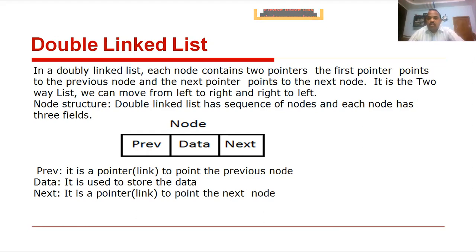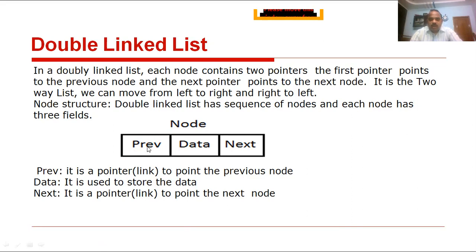The next pointer holds the next node address. Clear? In a double linked list, each node has 3 parts. The first part is the previous, the next part is the data, and the last part is the next. So this is the previous, this is the data part, and this is the next part.